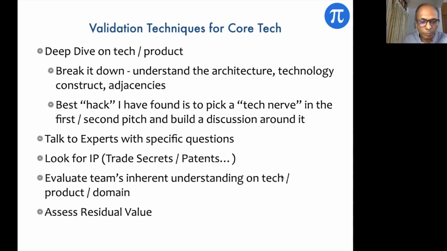And something that we are learning slowly, but surely, is about residual values. If you invest in companies which don't have that proprietary IP technology, then their residual values tend to be lower, and it becomes a struggle when they don't do well. In our portfolio, we have one company, I will not name them, but they have a great product, really good technology, and they've not been able to get the right market fit.